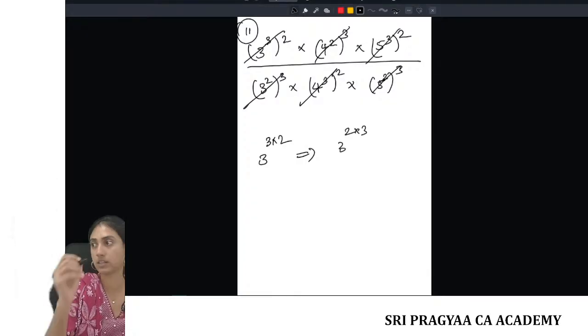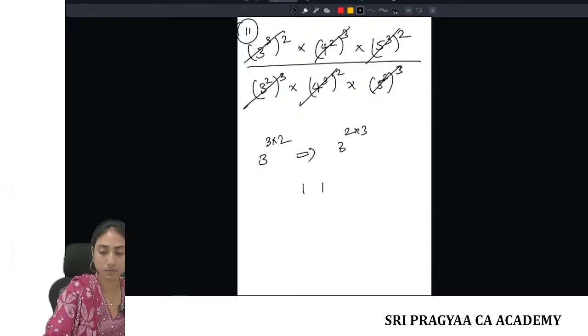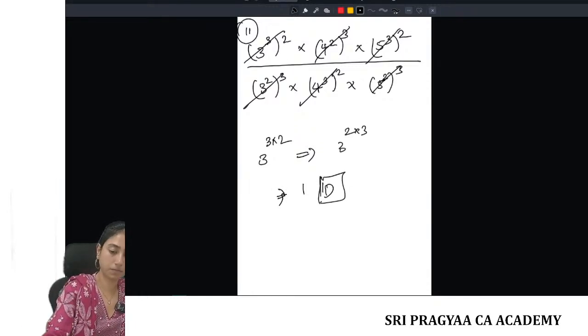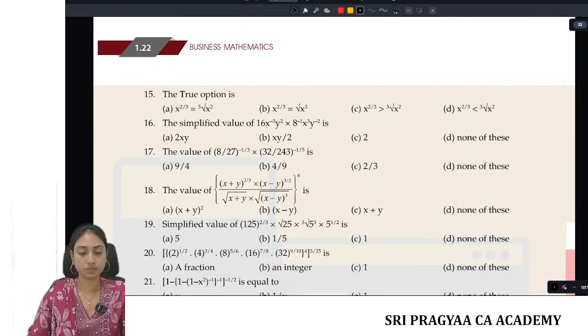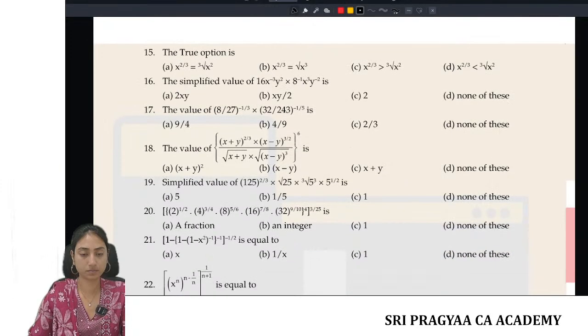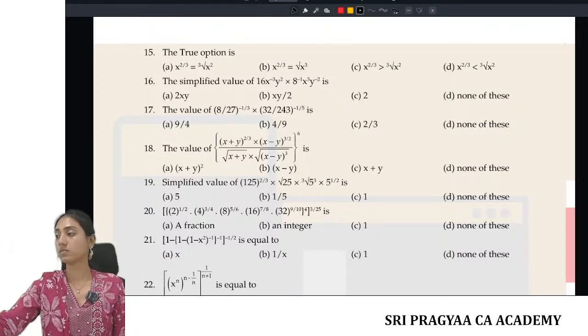This will also get directly cancelled, which is option D. You guys are on the same page?